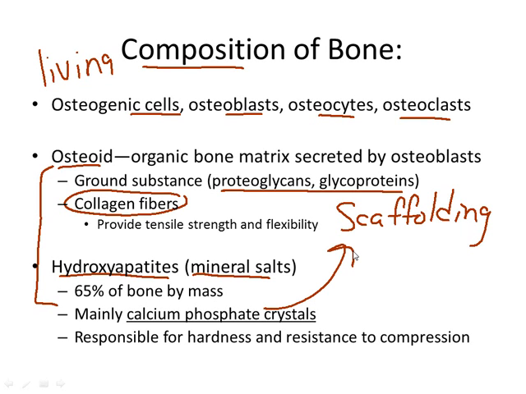This hydroxyapatite, which is the calcium phosphate crystals, basically hardens this scaffolding, and you get bone. So this osteoid is kind of the ground substance. It gives you your flexibility. Your hydroxyapatite or your calcium phosphate makes it really, really hard.